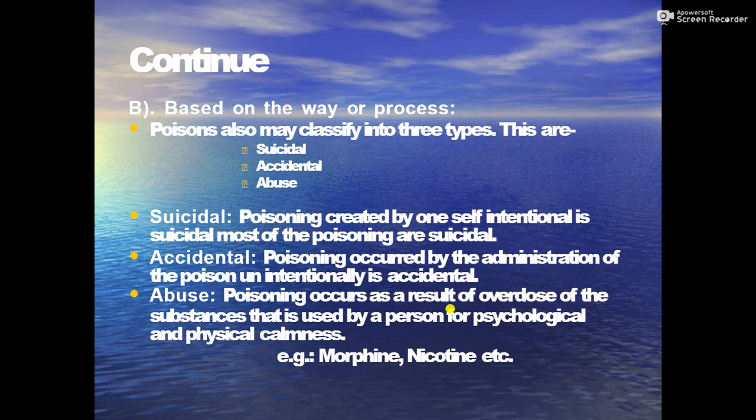Abuse means poisoning occurs as a result of overdose of a substance that is used by a person for psychological and physical calmness. For example, morphine and nicotine. So in simple words, abuse means wrong use of a drug. The poisoning occurs as a result of overdose of any substance for the purpose of psychological and physical satisfaction.